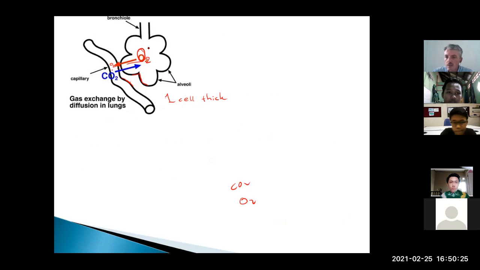We continuously breathe to keep oxygen high here, and blood is moving to keep oxygen low here. For CO2, the opposite. Blood is bringing more CO2, and here we are breathing out to remove CO2. So we keep CO2 low here and high in the blood. So diffusion works fast.